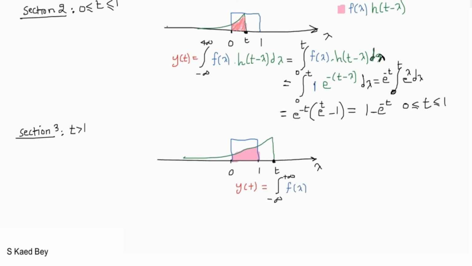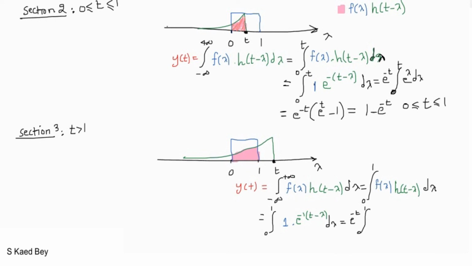Evaluating the convolution integral leads to the result of the third part of the solution, which is e to the power of minus t times e minus 1.